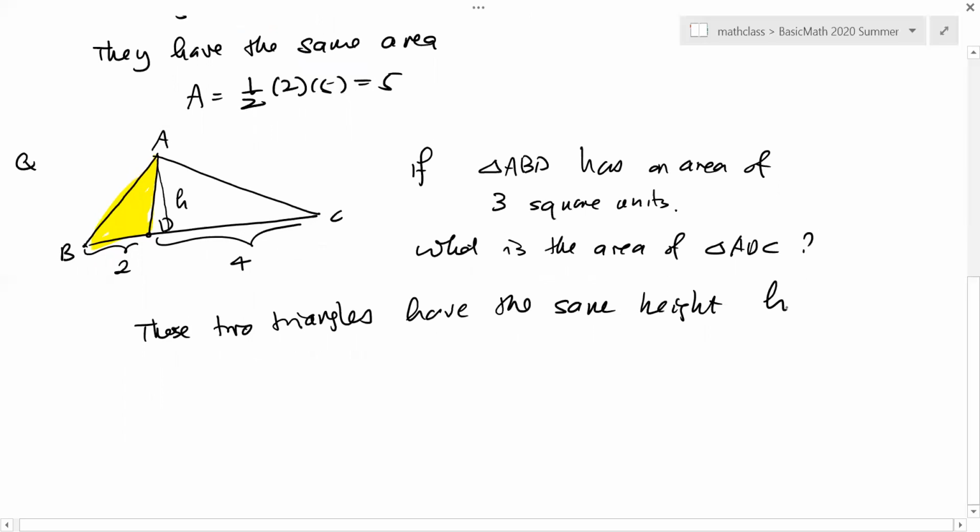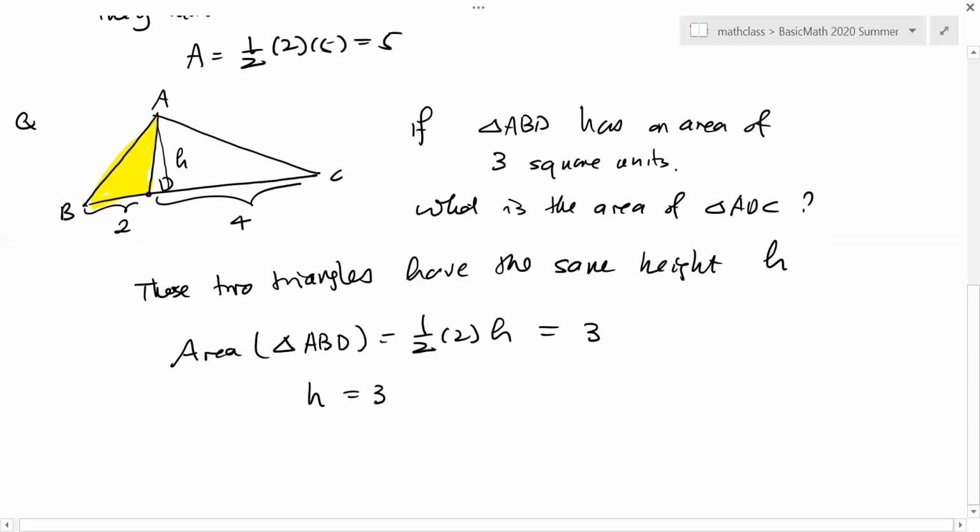The area of the triangle ABD is half of the base times the height, which is already known as 3. So h is going to be 3, and that is the height.